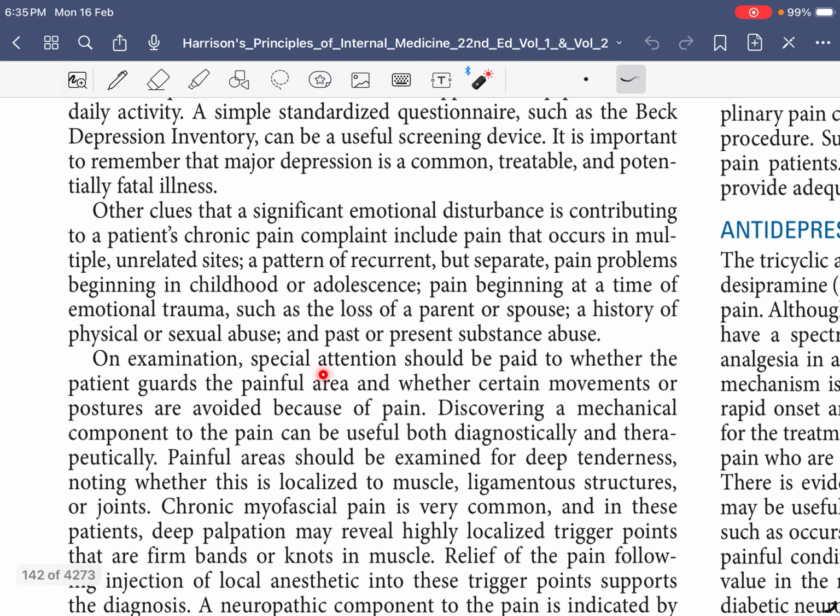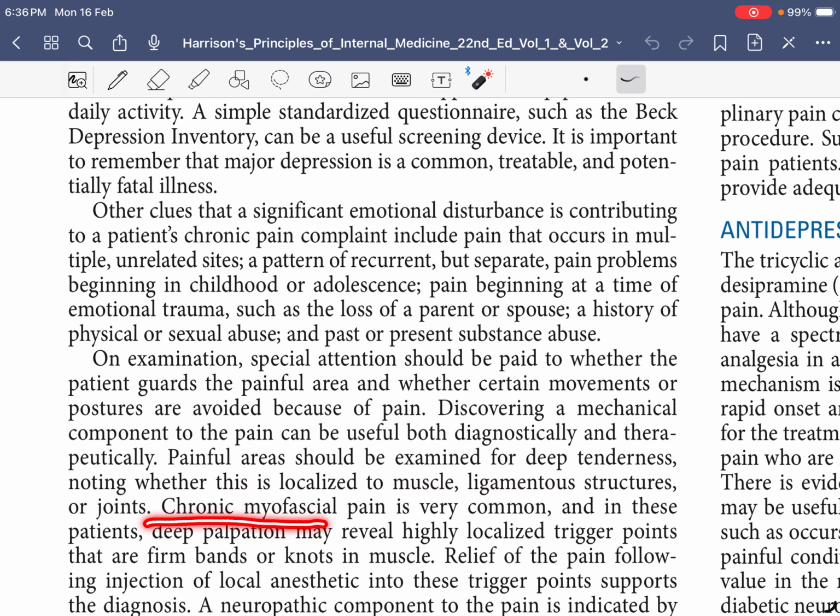On examination, special attention should be paid to whether the patient guards the painful area and whether certain movement or posture are avoided because of pain. Discovering a mechanical component to the pain can be useful both diagnostically and therapeutically. Painful areas should be examined for deep tenderness, noting whether this is localized to muscle, ligamentous structure, or joint.